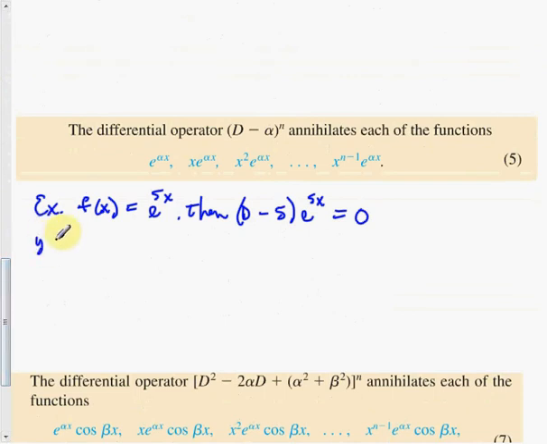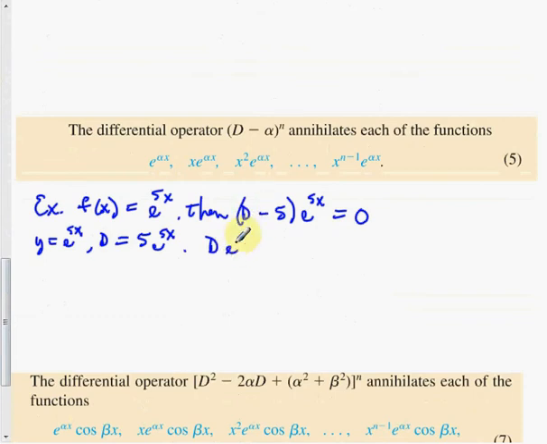So here, let's just call that y, if you will, is equal to e to the 5x. And so d of y is 5 times e to the 5x. So indeed, this d minus 5 applied to e to the 5x can be written as this.